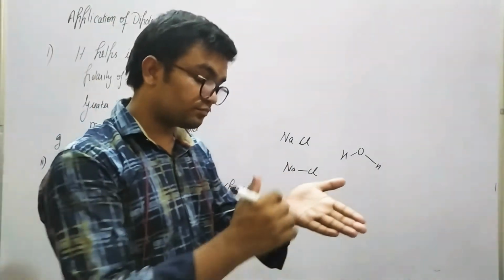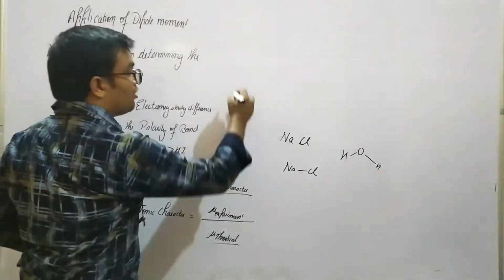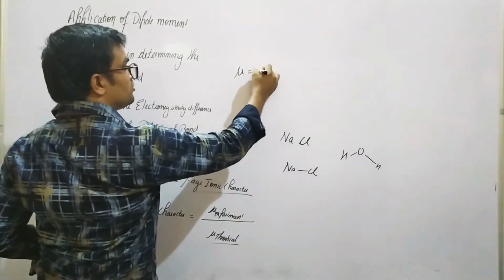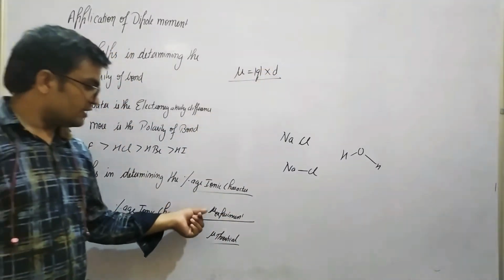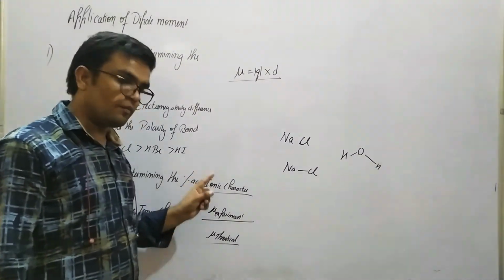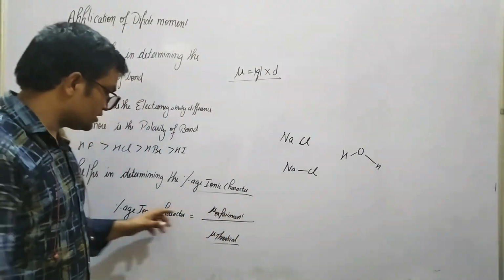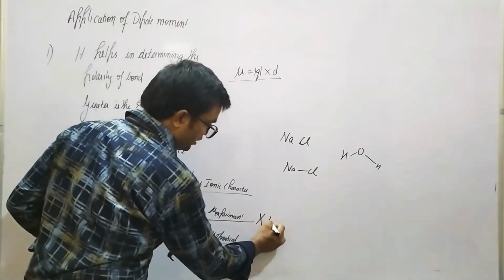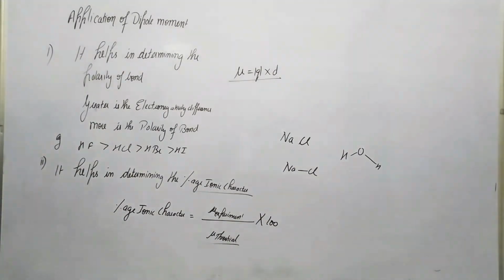The theoretical value is calculated how? μ is equal to q times d, the magnitude of charge into the distance between the oppositely charged ends. Hence, in the exam you will be given the experimental value of dipole moment, and you have to calculate the theoretical value, and by multiplying by 100 we can calculate the percentage ionic character.